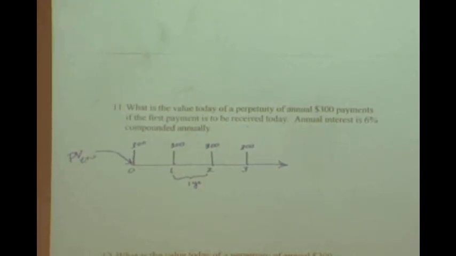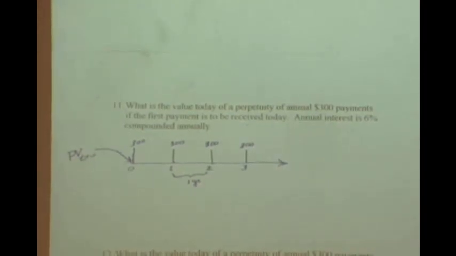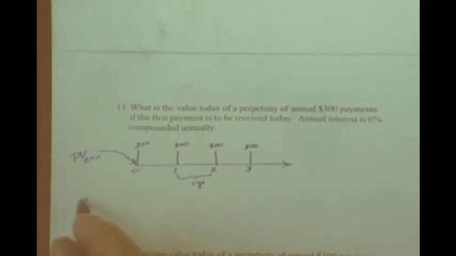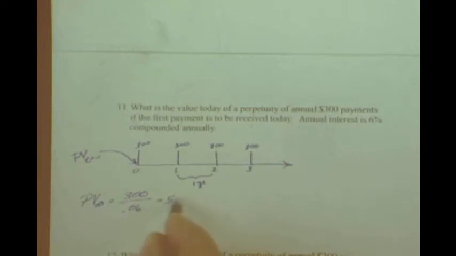Now we have really the same question, but we're going to receive the first payment today. So if I throw my perpetuity equation at this, that $5,000 amount is going to be at what point in time?